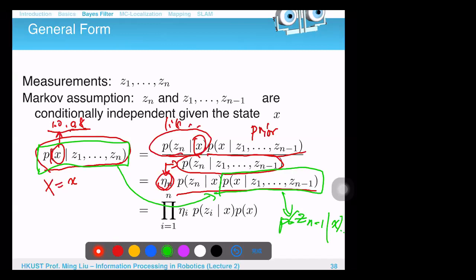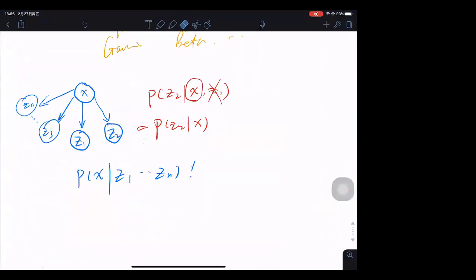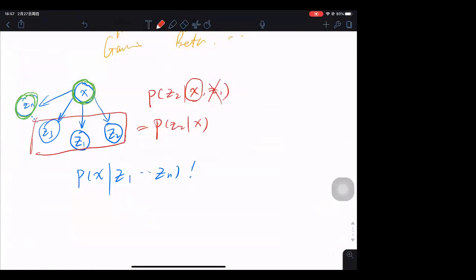So if we have a Markov assumption, that means all the z are conditionally independent given the state x. Given this x, what you observe in, for example, Zn will have nothing to do with the rest of the sensors. That means the information generated by any of these sensors, for example, Z1, will provide some information.